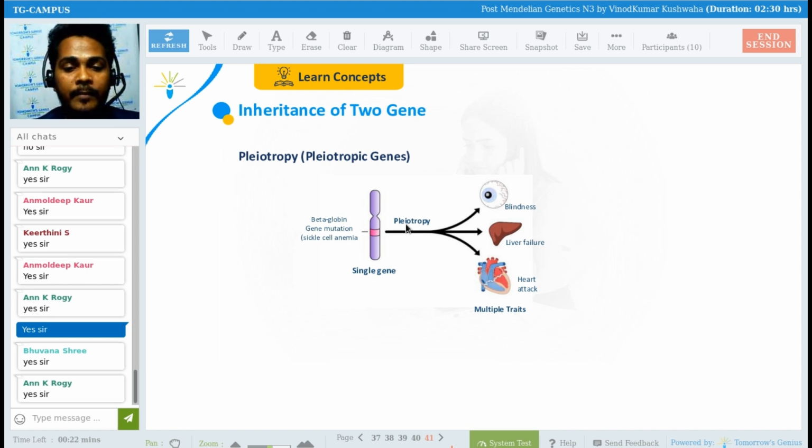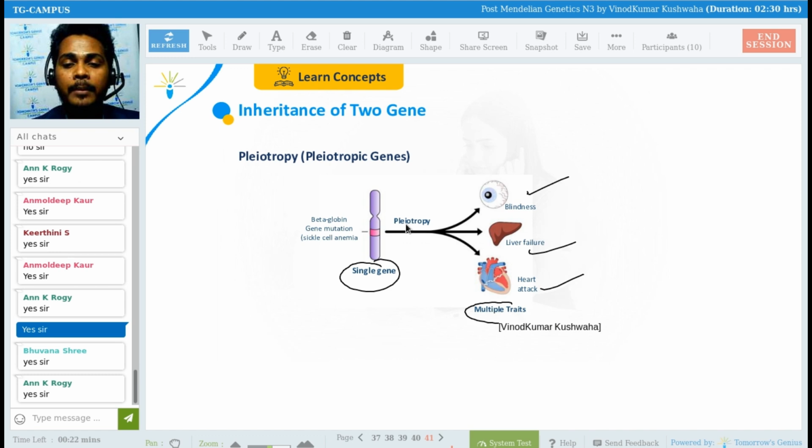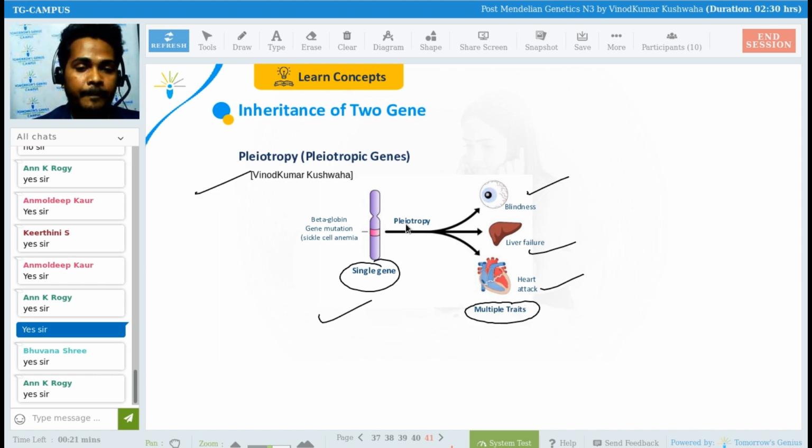So a single gene can influence the traits of more than one character. So you can see blindness, then liver failure, then heart attack. These are multiple traits controlled by the single gene. This is what is called pleiotropy, right? Means one single gene is responsible for various traits. It is pleiotropy. Yes.